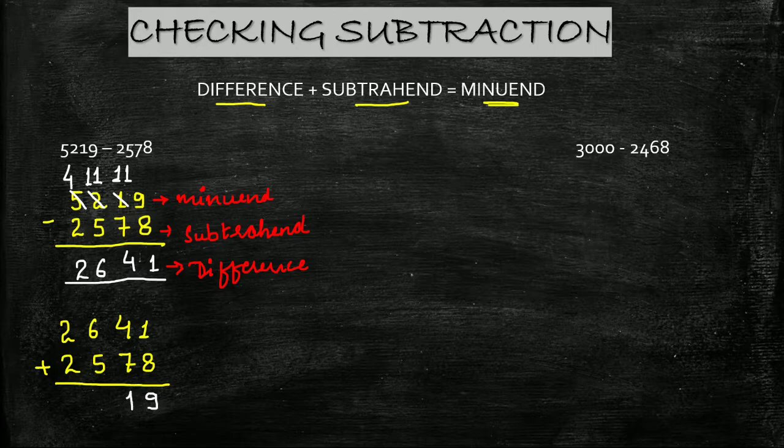So write 1 here and carry 1 to the next column. 6 plus 1 plus 5 is equal to 12. Write 2 here and 1 will be carried to the next column and it will be equal to 5. So you can see we got the sum 5219, which is equal to the minuend. That means the subtraction sum which we have done is verified.